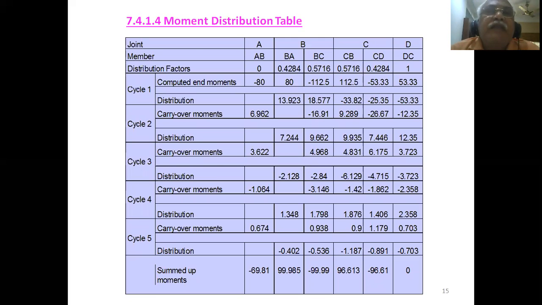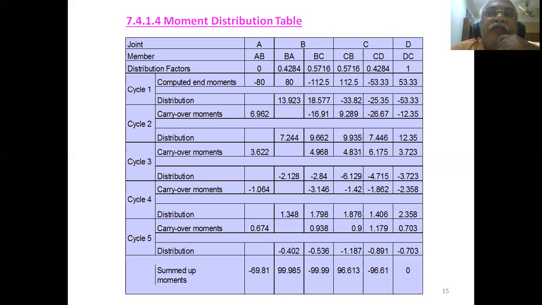Again, friends, this table is prepared where all the values, unbalanced moment and distribution factors of various members and joints have been mentioned. There are four joints. A joint is a fixed end joint.